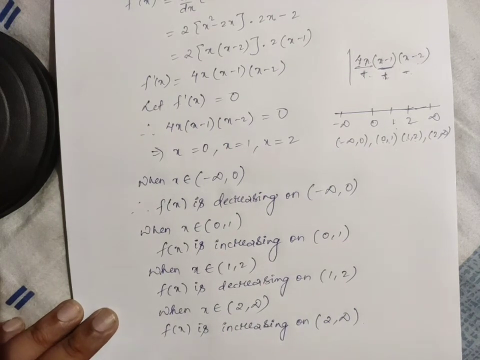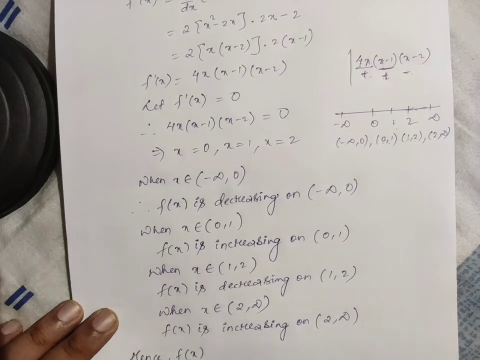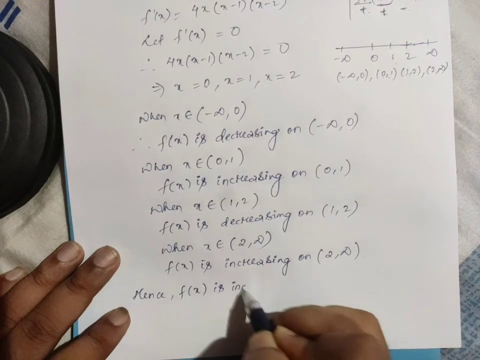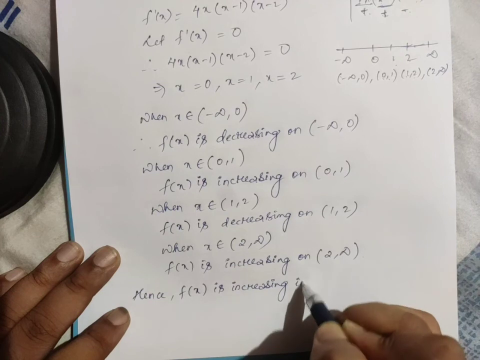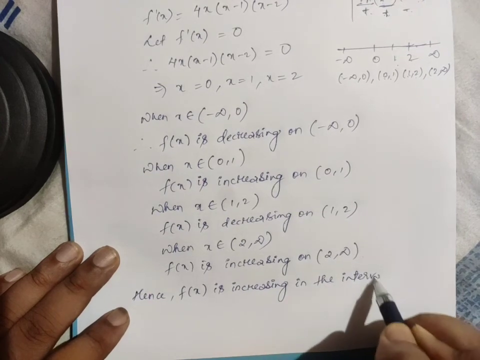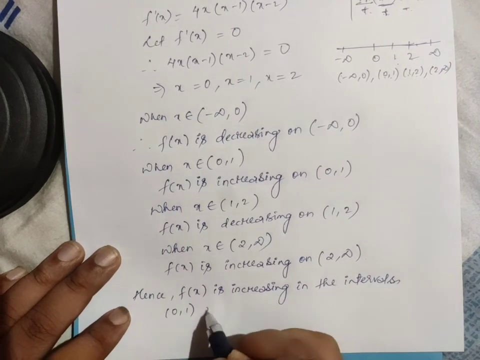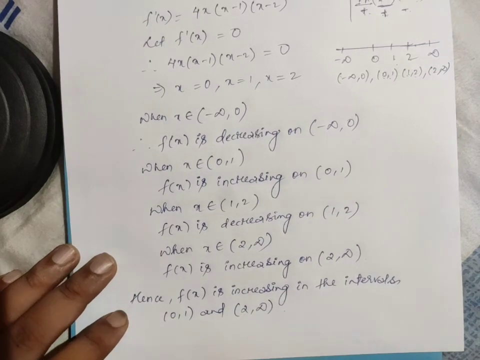Hence f of x is increasing in the intervals 0 comma 1 and 2 comma infinity. Okay, so this is the answer.